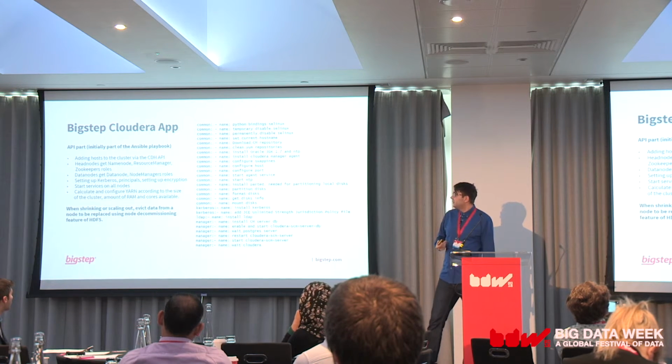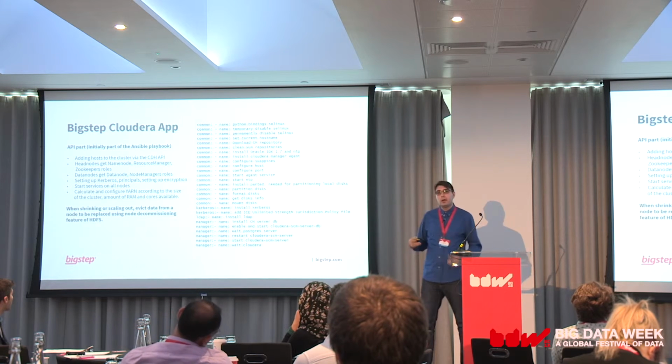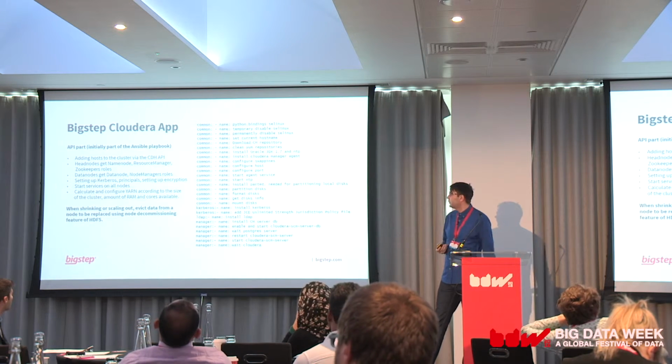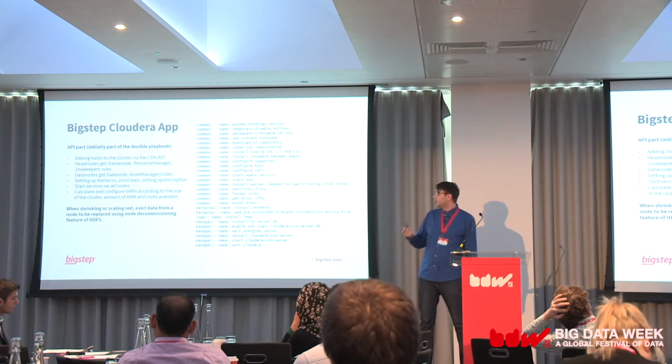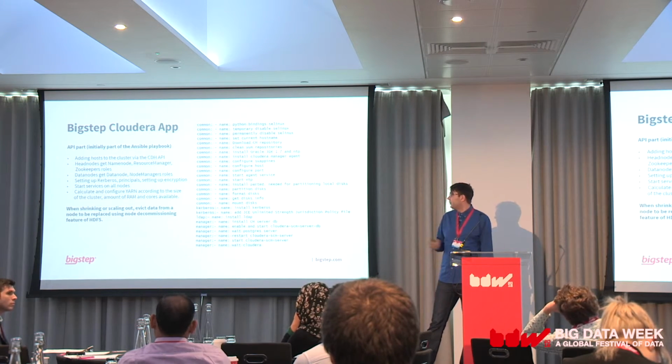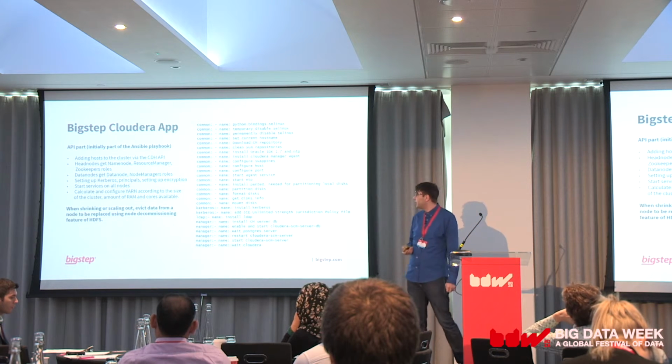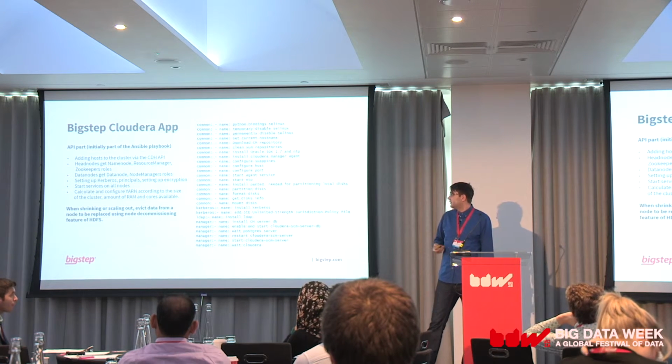As I've said, Cloudera is a little bit more complicated to deploy, so we have a special API driver that adds the nodes through the CDH API, assigns different roles, sets up Kerberos principals and encryption, and starts the services.